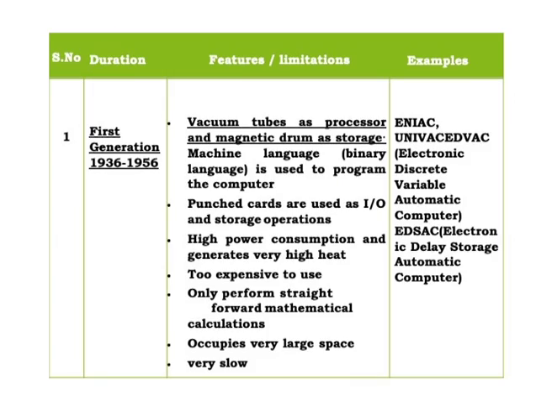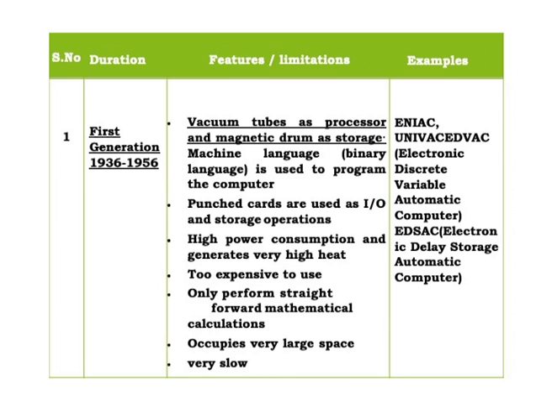The first generation of computers, from 1936 to 1956, used vacuum tubes as processors and magnetic drums as storage. Machine language, that is the binary language, was used to program the computer. Punched cards were used as input-output devices for storage operations.